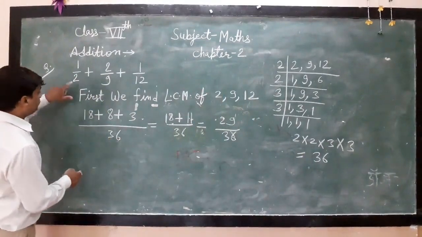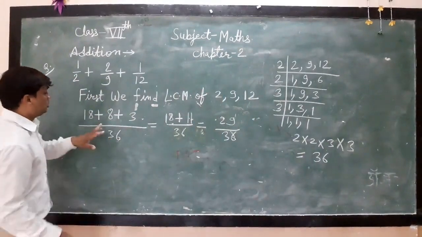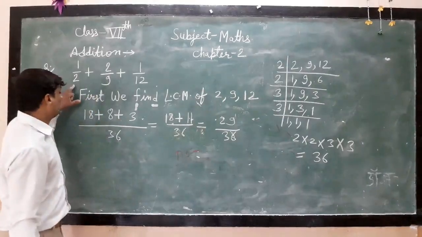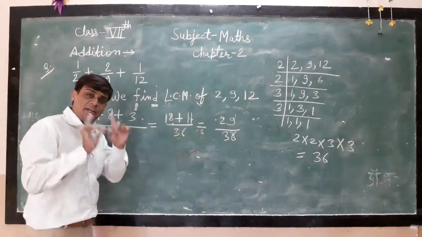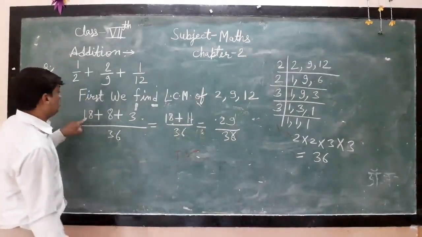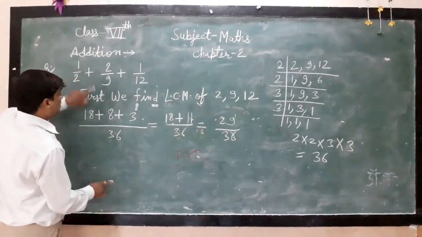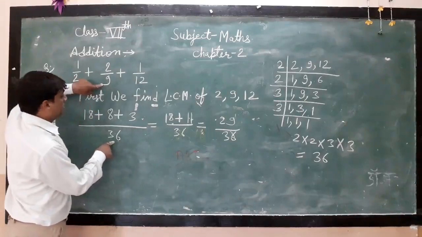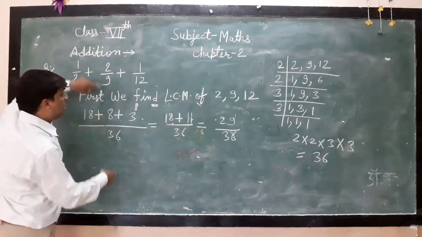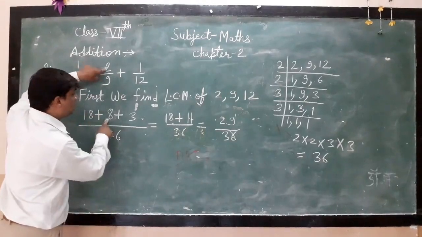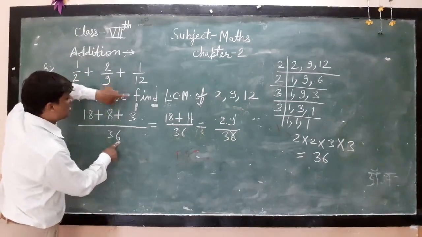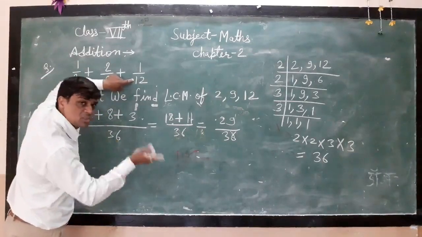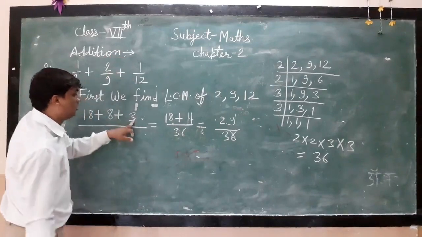Now first of all, 36 divided by 2 is 18, 18 multiply by 1 is 18, plus 36 divided by 9 is 4, 4 multiplied by 2 is 8, plus 36 divided by 12 is 3, 3 multiplied by 1 is equal to 3.